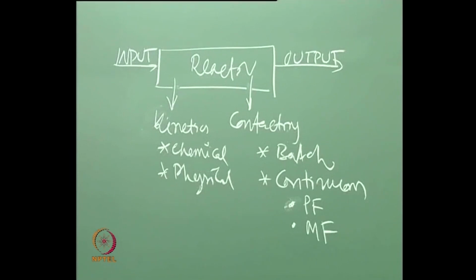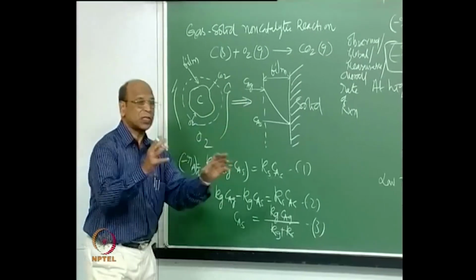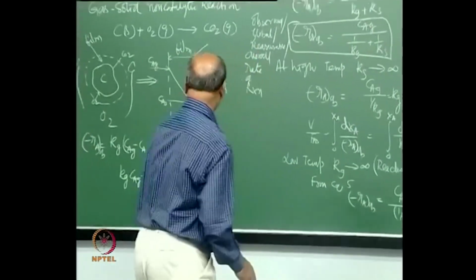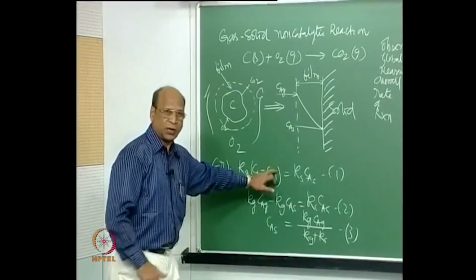The next one is kinetics, chemical and physical kinetics, meaning the steps that are involved. In the last class I gave those 3 steps, which I have not written here.